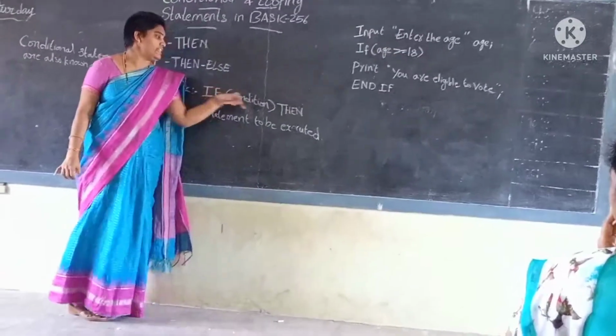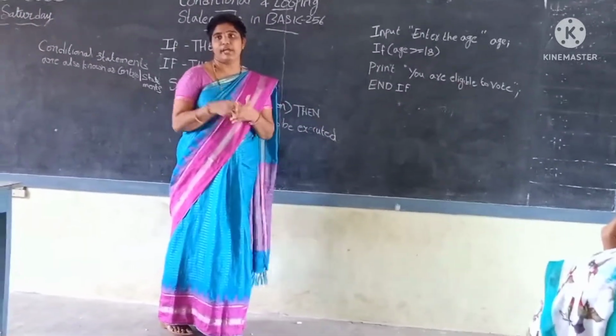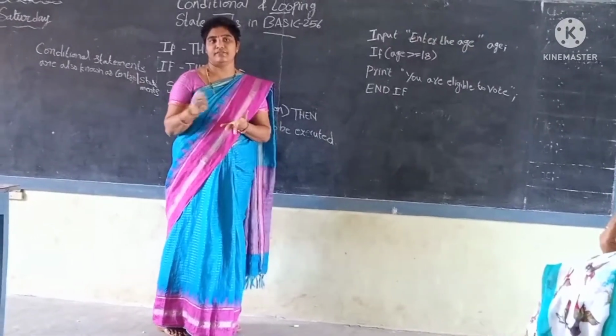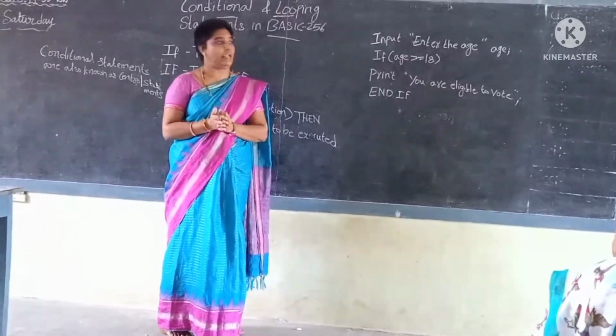While applying the if-then statement, I have one program to find out whether I am eligible to vote or not. What is the condition for voting? Our age should be greater than or equal to 18.